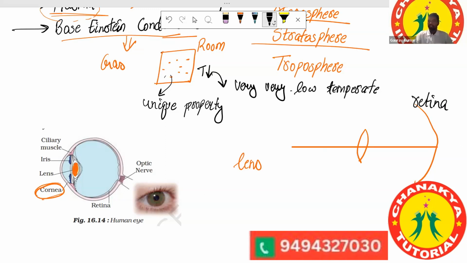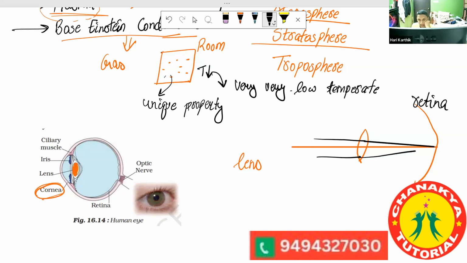What is retina? Retina is the innermost nerve part of the eye where all the light rays fall. So if light is coming like this, the function of this lens is to focus this light on the retina.